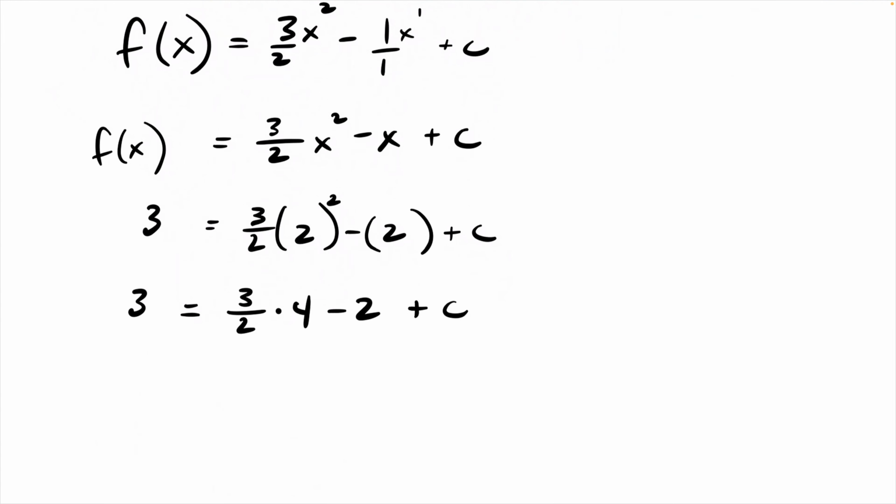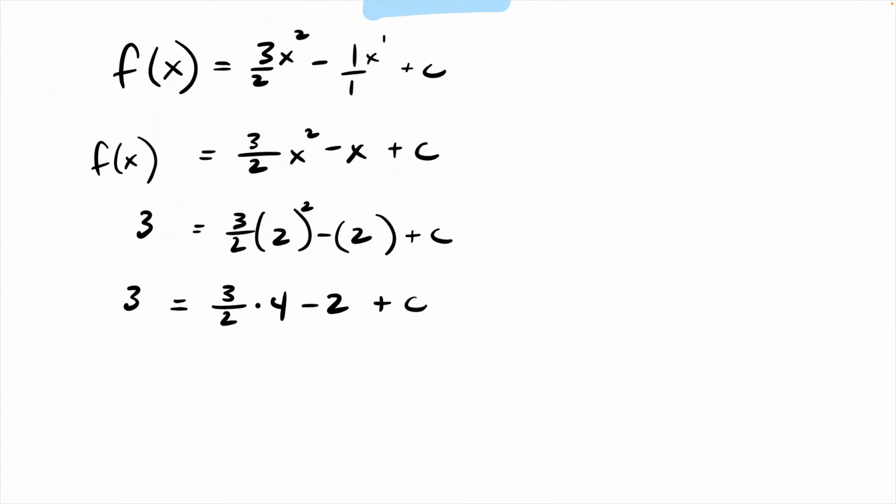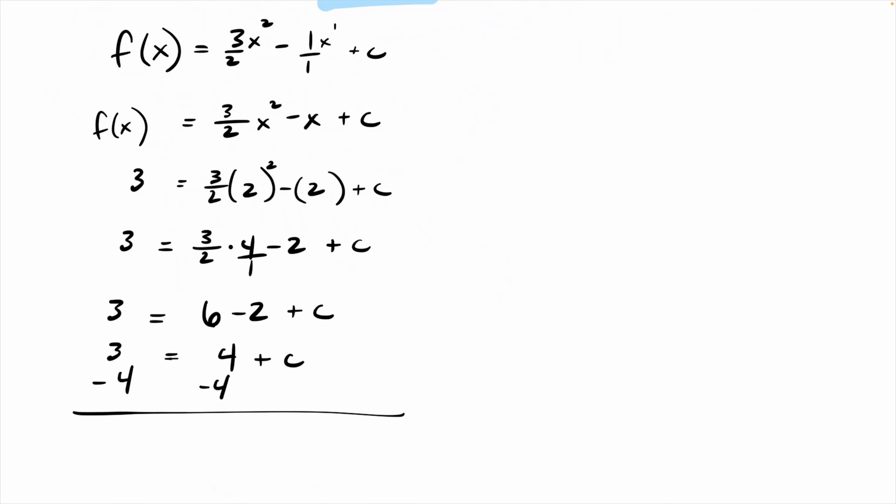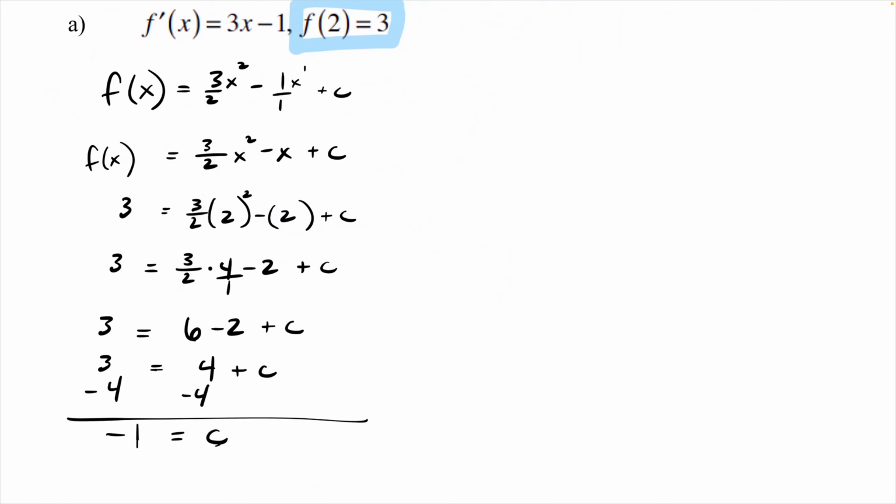So we got to do multiplication first. So 3 over 2 times 4 over 1 is 12 over 2, which is 6. 6 minus 2 is 4. Solve for c. So in this case, c is going to be negative 1.